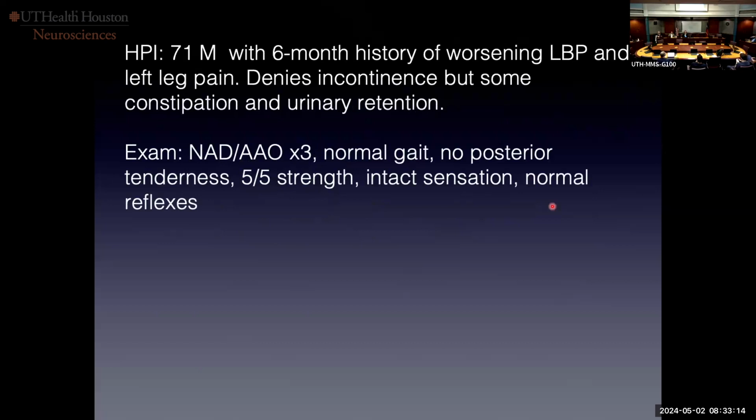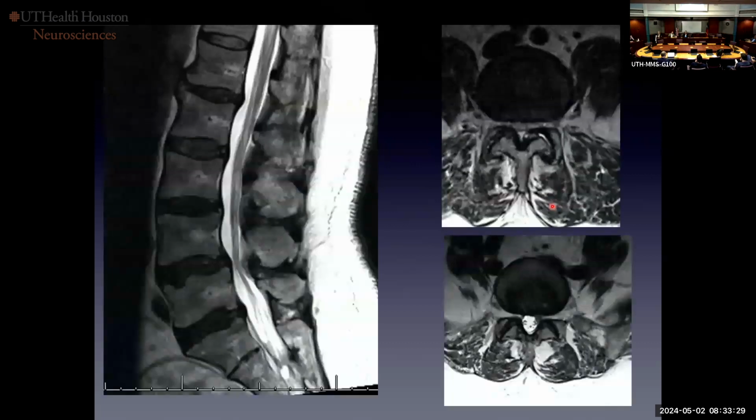So let's switch gears now to a 71-year-old who has a 6-month history of lower back pain and left leg pain. This is from the Methodist spine fellow. The patient had some constipation, urinary retention, normal neuro exam.